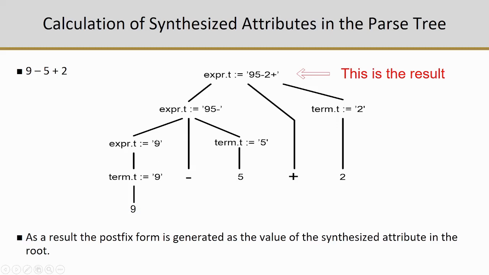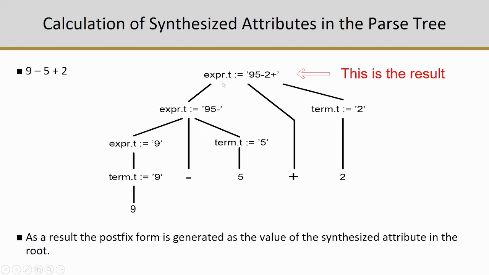And if we have a grammar rule like expression to expression minus term, then we concatenate the string at the expression, then the string in the term, and finally we place a minus sign.